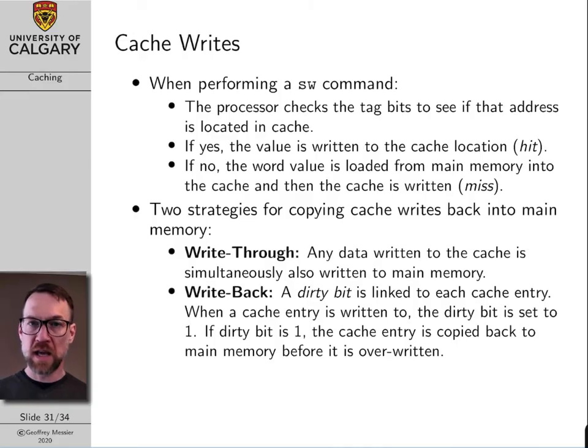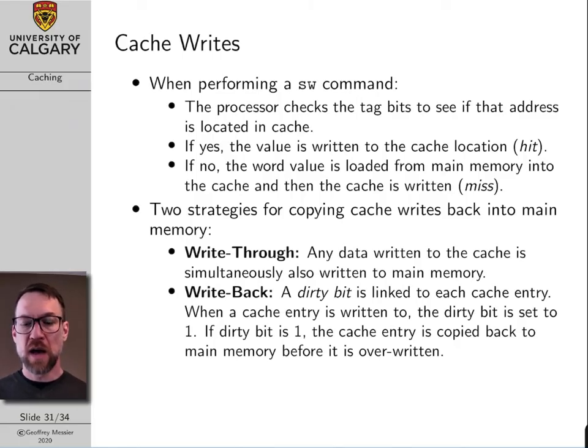We compare the tag bits stored in the cache with the tag bits in the address in our store word. If they match, that's a hit, and we write our value directly into the cache. If it doesn't match, then it's a miss. And then what we do is we copy the values in our desired block into the cache, and then we change the value in the cache.